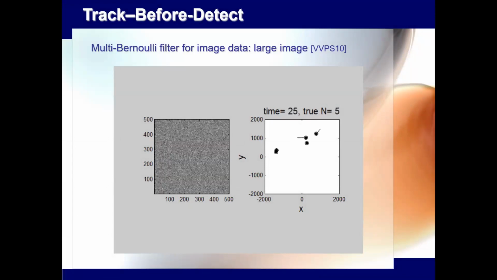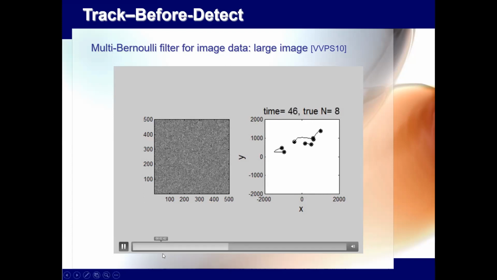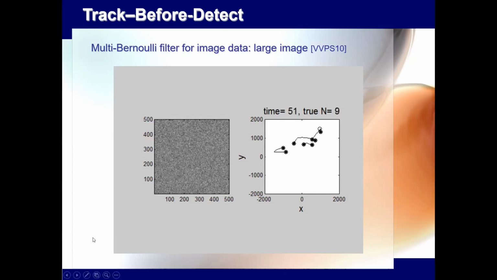I have two reactions when I show this demo. First, I think it's quite impressive, because the data and the reference image don't show anything at all. You can't recognize any meaningful information from the reference image. But the estimator is giving you multiple objects and their trajectories.